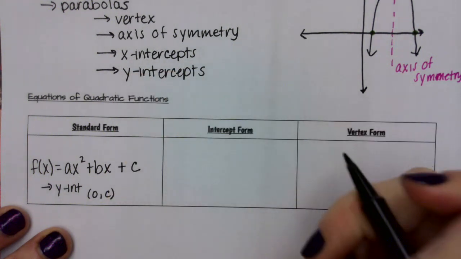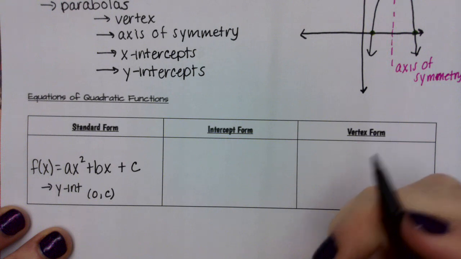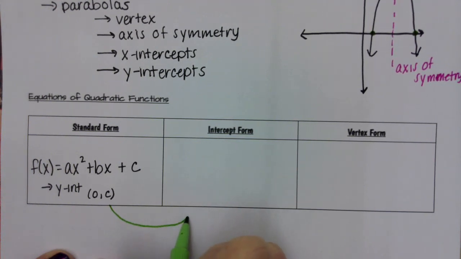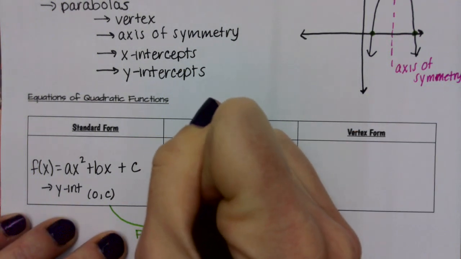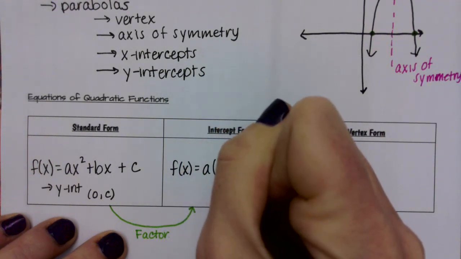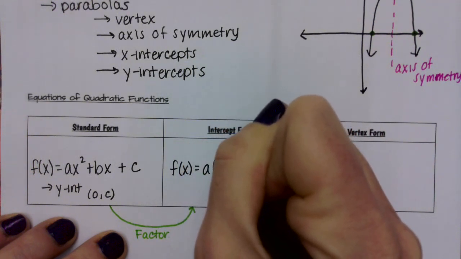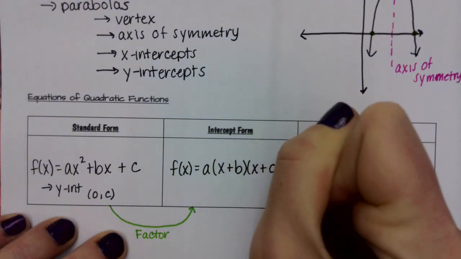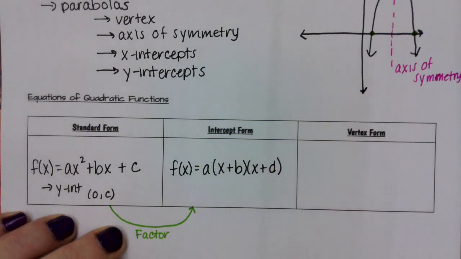Now, we also have what we call our intercept form. This is when we factor. So if we take our standard form and we factor, that's going to get us our intercept form. So our intercept form would be f of x equals a times (x plus b) times (x plus d).